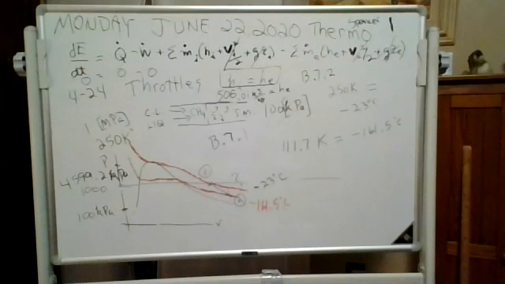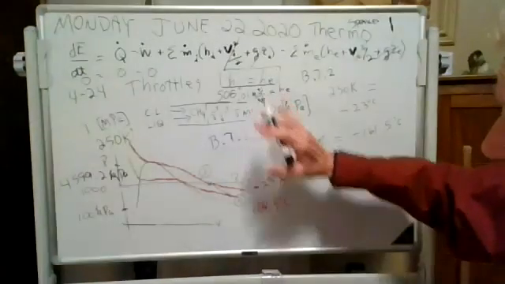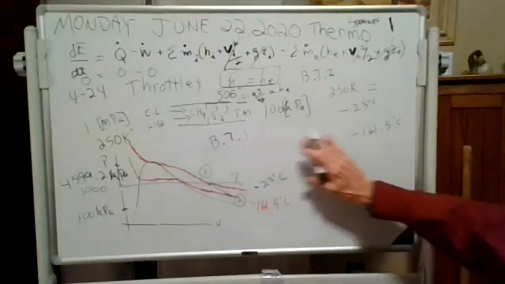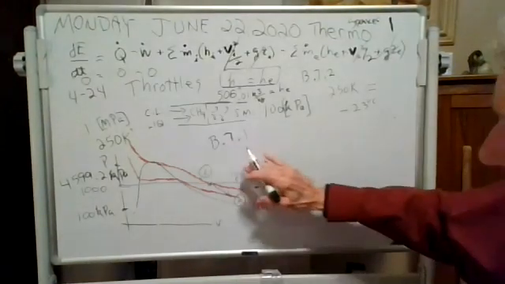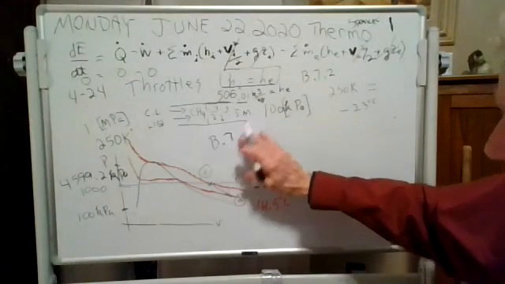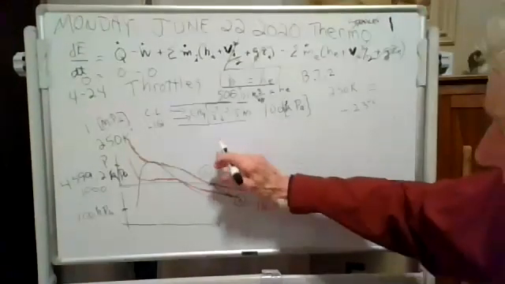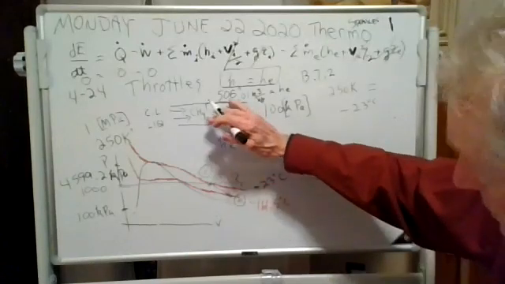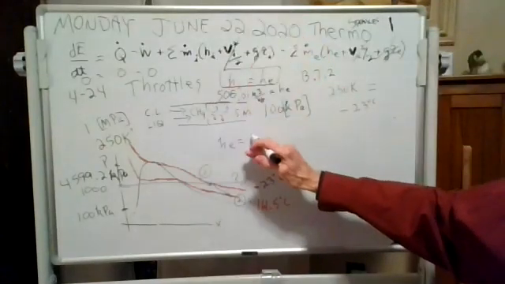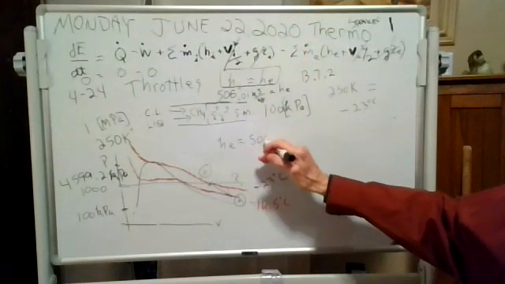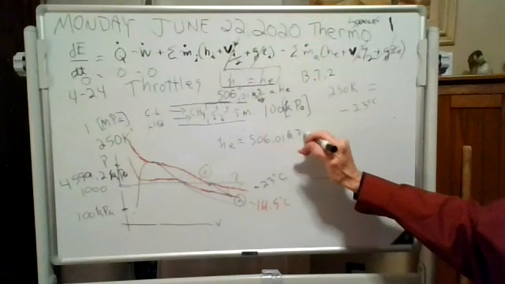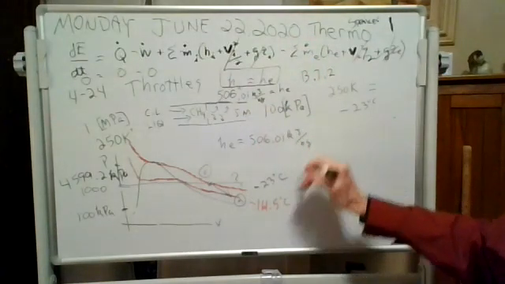I think I did that right. So now we know what the exiting specific enthalpy is. All right, here, let me write that down. The exiting specific enthalpy is the same as the incoming specific enthalpy. It's 506.01 kilojoules per kilogram.